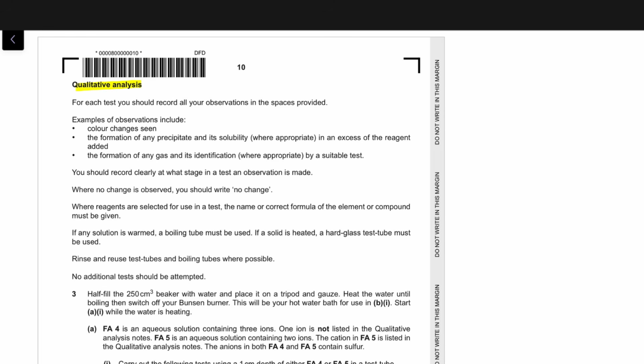For qualitative analysis, it says that each test should be recorded with the observations in the spaces provided. Any color changes seen should be noted, any precipitates formed and their solubilities when in excess of reagents, the formation of any gases, and if a gas is formed, any further tests that could possibly identify it.